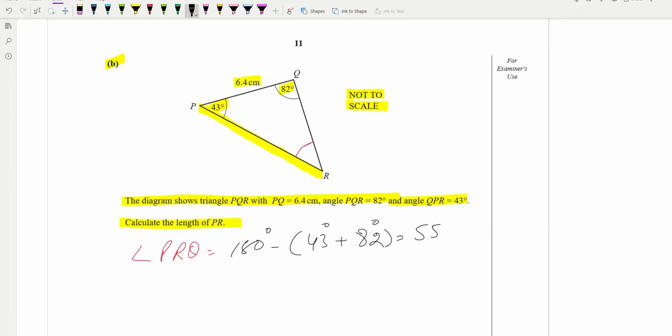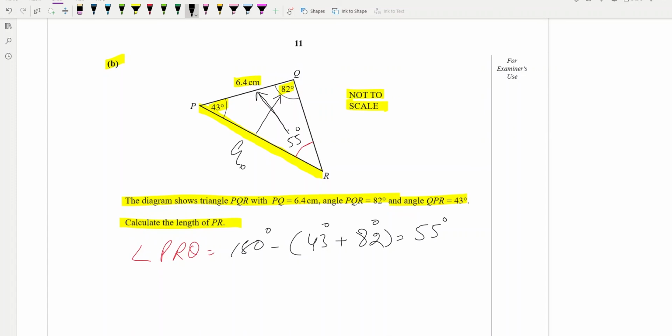So this angle is 55 degrees. After finding this, now we have this angle and its opposite side, and this side is required, so its opposite angle is also there.